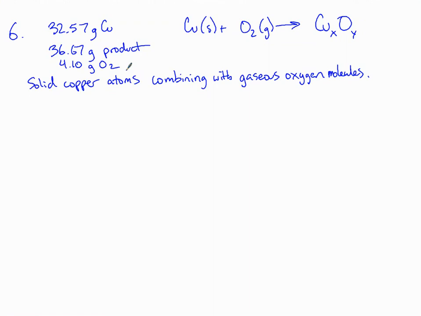So here's what we have to do when we're talking about copper. These things have to be in terms of moles. We can't very well compare copper in grams with oxygen in grams. We have a unit for that. So we have to convert to moles. 32.57 grams.